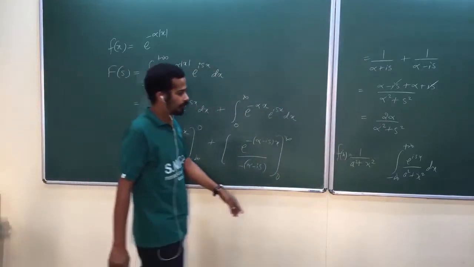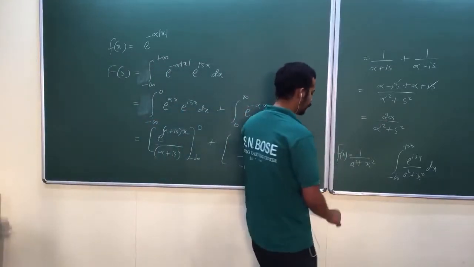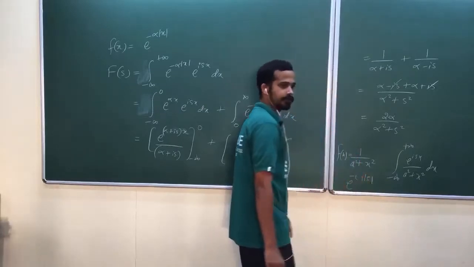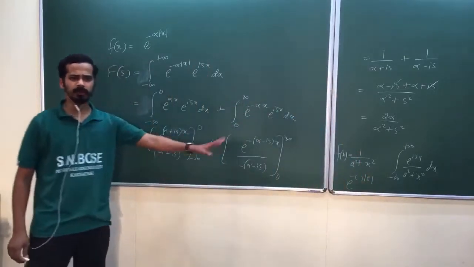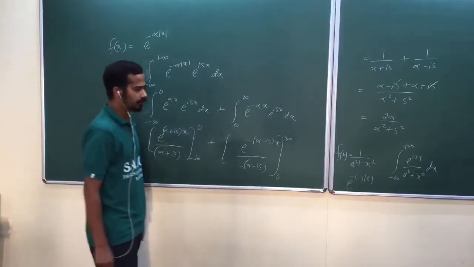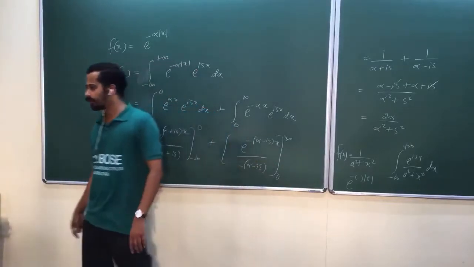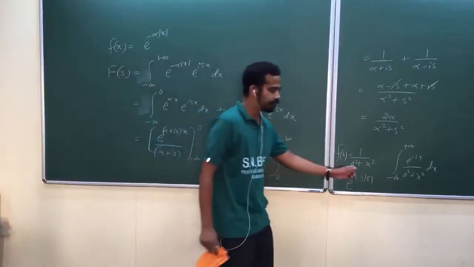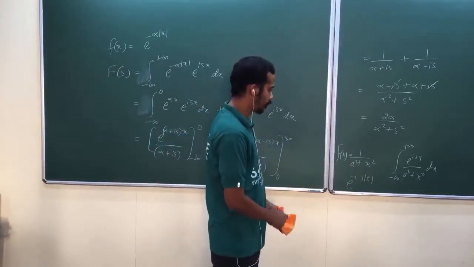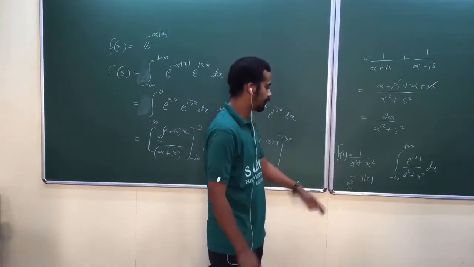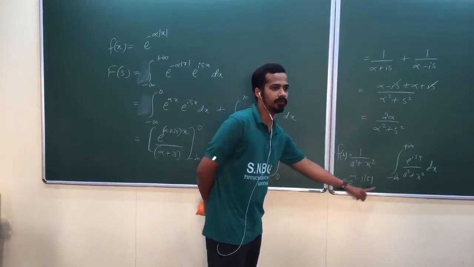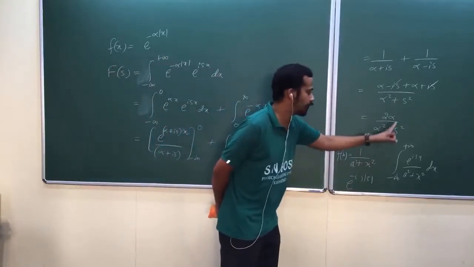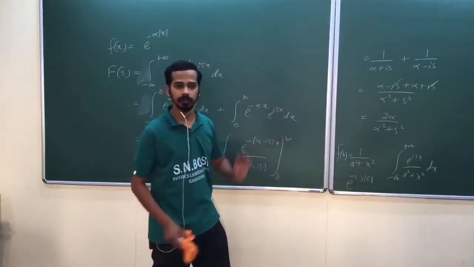Are you getting my point? They are inverse functions actually. So when you take the Fourier transform of this one, you should get some e power something into mod s like that. Just remember like that. Later, let me give some more hints while doing complex analysis. Right now, you can't do this one. But remember, its Fourier transform should be this kind of function. Why? This Fourier transform is 1 by alpha square plus s square. Just remember like that, logically.